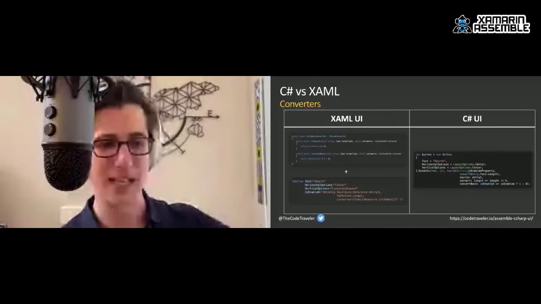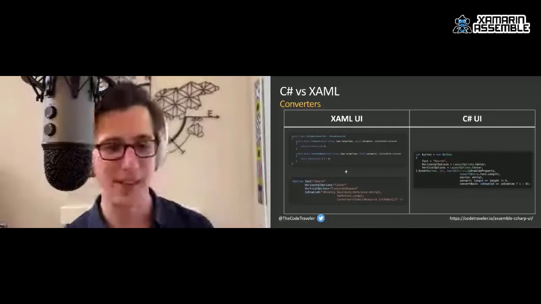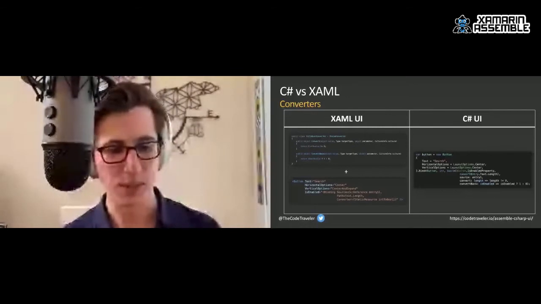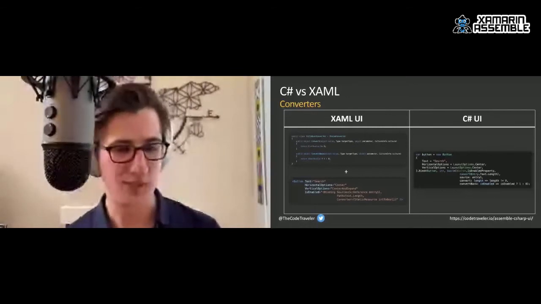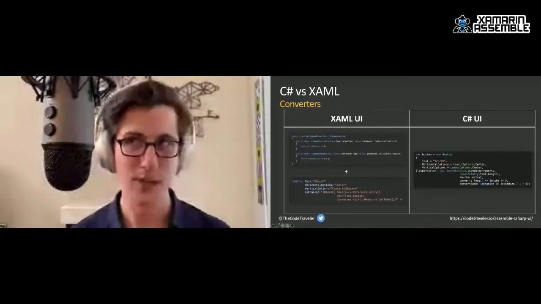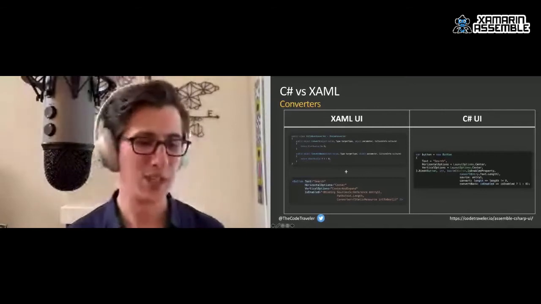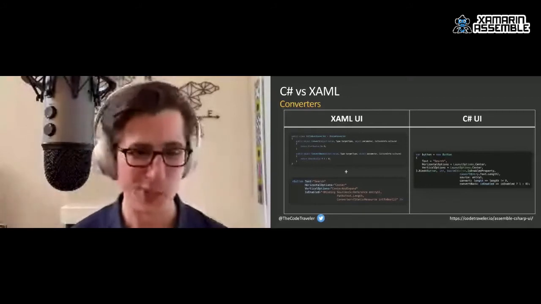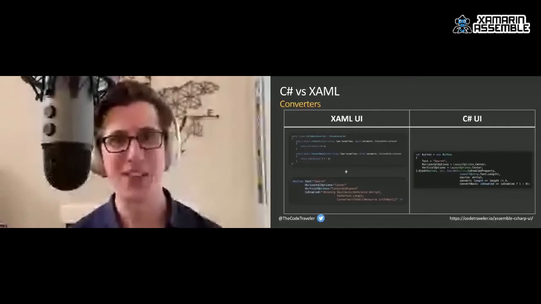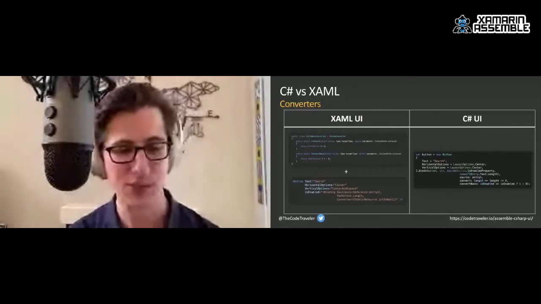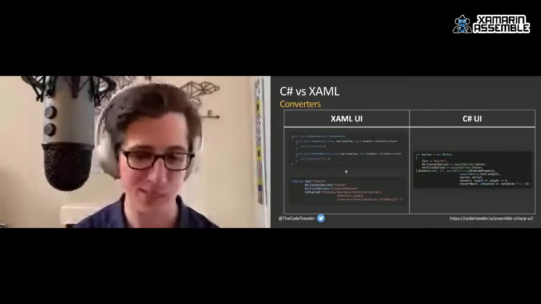We have to create another class that inherits from IValueConverter. In this converter, nothing's type safe. We're working with objects, so object value, object parameter. And then we have to cast everything, hope we got the castings right, hope we do the convert back right. It's always tough for me to remember which way is which. And then once we have all that done, in our XAML, we can say Converter equals StaticResource IntToBool.